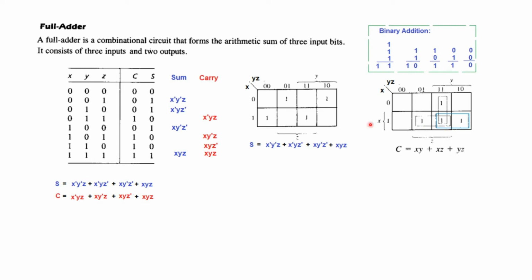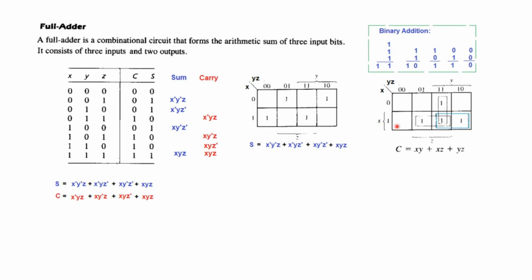From here, if you look, we have x. So we write x. And from here, what is common is z. So we write z. So xz. And then you can write for these two, y and z common. So we write yz. And then you can write for these two.